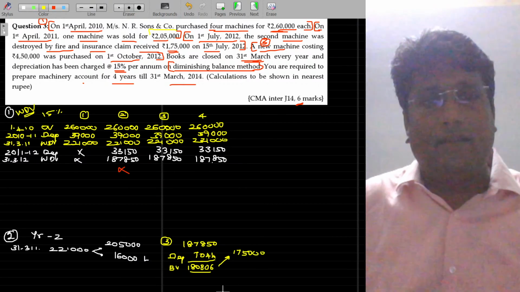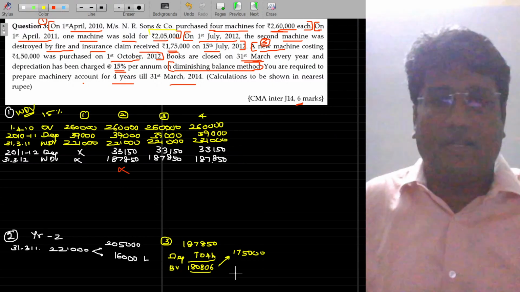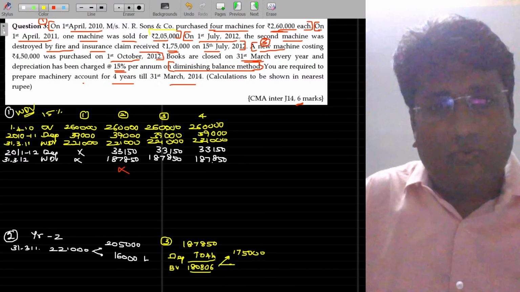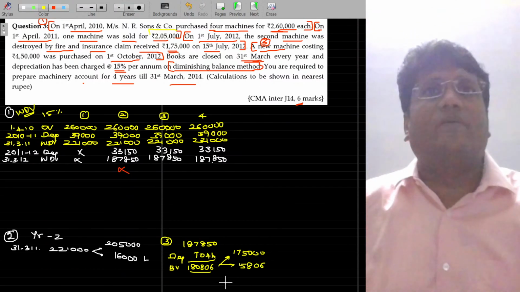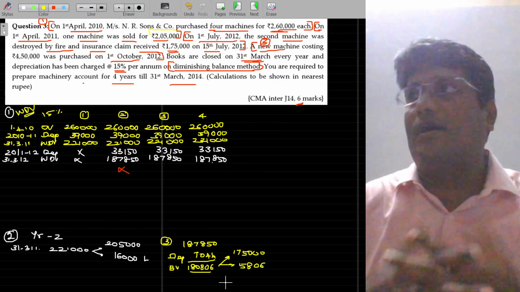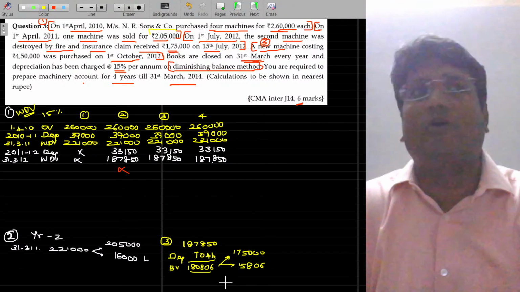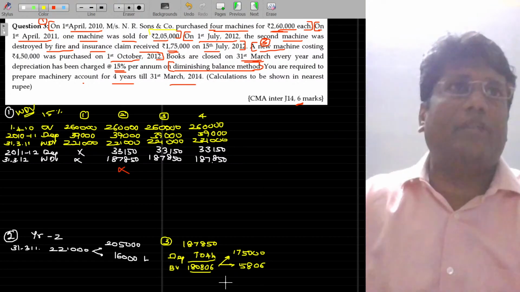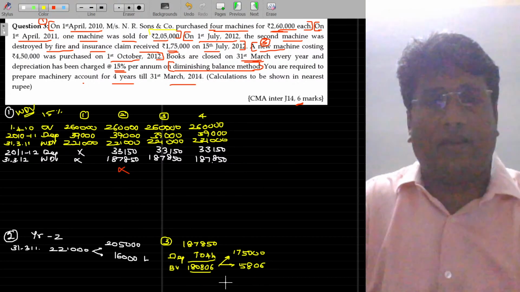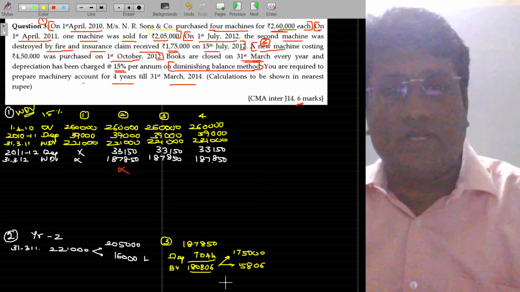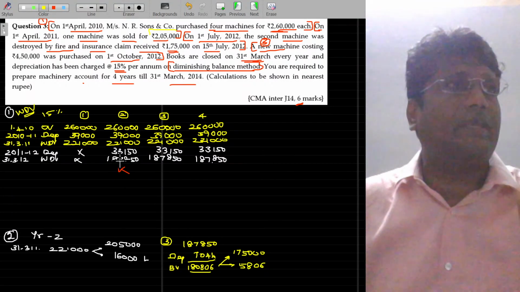We get less than its real worth. We thought it is 1,80,000, but we got only 1,75,000. We lose how much? 5,806 is the loss. Whenever the asset is sold or destroyed, or if you want to dispose of it from our books, from our usage, remove it properly and calculate it separately. So I have removed it and calculated that separately here. So 1,75,000 and 5,806. Now we don't have the second asset.